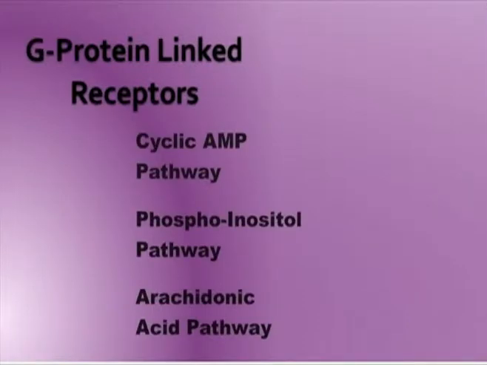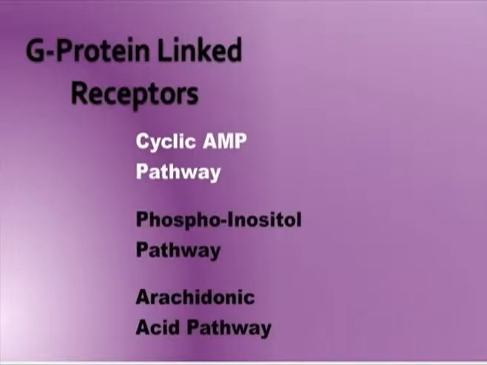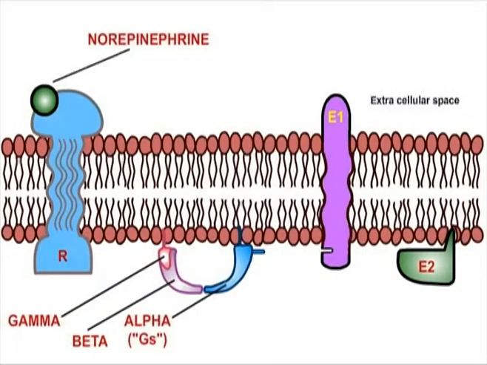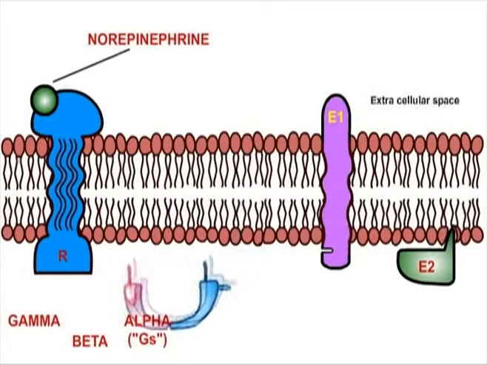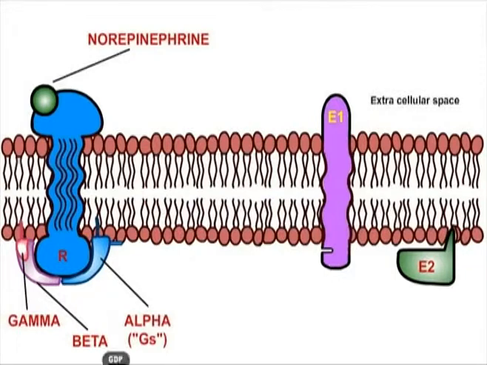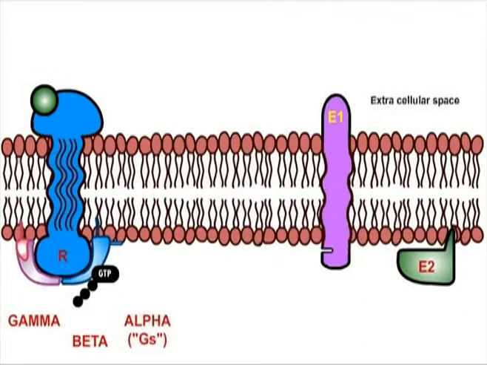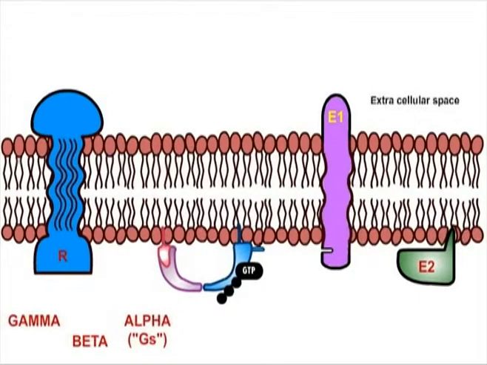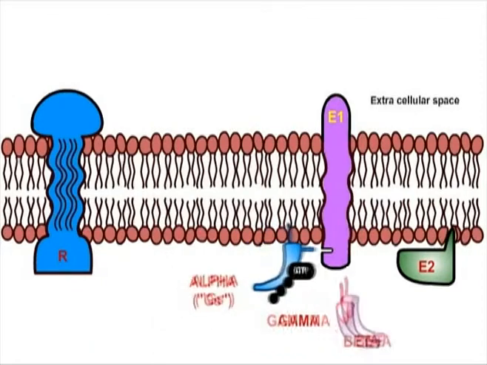The first type is the cyclic AMP pathway, wherein the first messenger norepinephrine binds to the beta adrenergic receptor of the G protein. This will make GDP to be displaced by GTP on the alpha subunit. This displacement will in turn make the G protein dissociate into alpha subunit with GTP and the regulatory beta-gamma subunits.